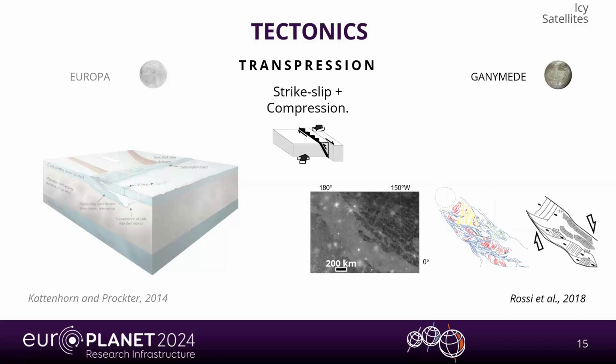And this problem also leads to another main issue about tectonics of icy satellites that is linked to the tectonic balancing of their deformation. And therefore, the question is, which model applies for the icy satellite deformation?